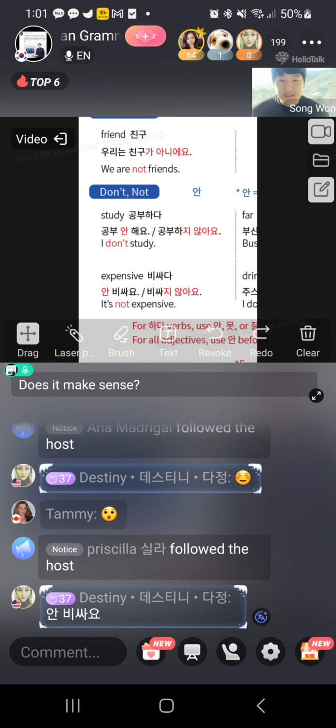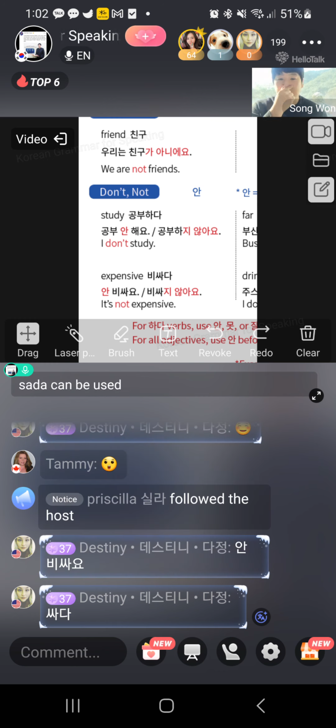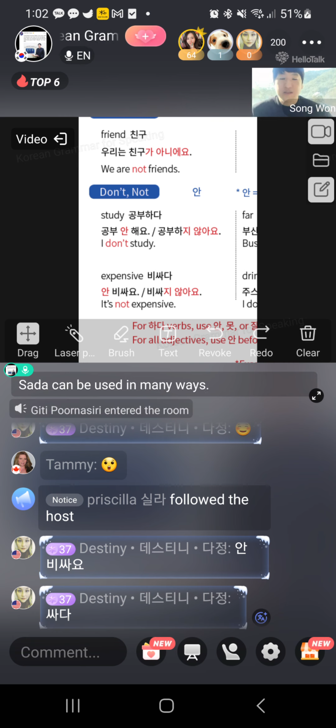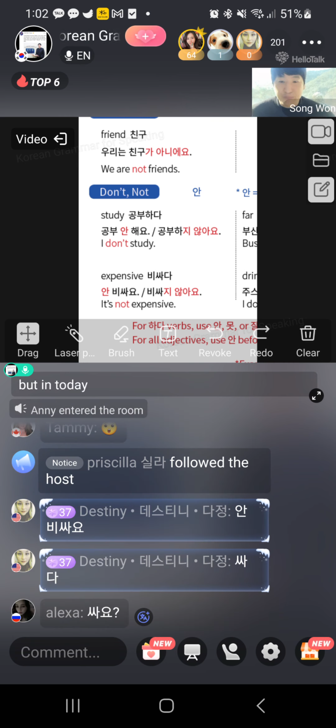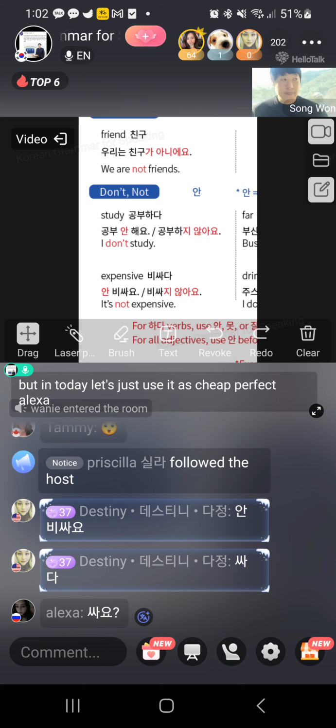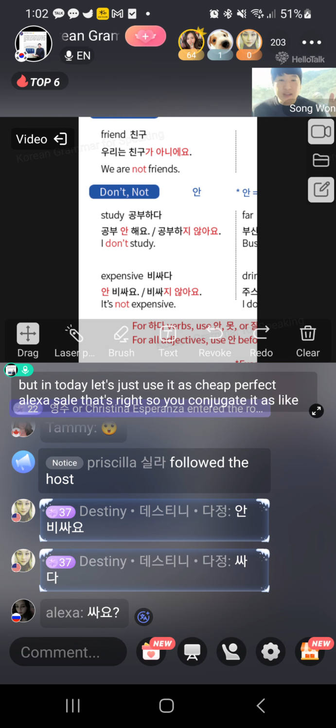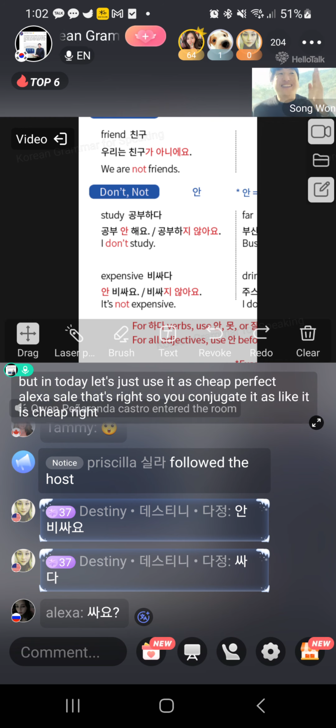All right. Perfect, Destiny. How about this word 싸다, which means cheap. 싸다 can be used in many ways. But today, let's just use it as cheap. Perfect, Alexa. 싸요. That's right. So you conjugate it as like it is cheap, right? Then this time, let's make it's not cheap.